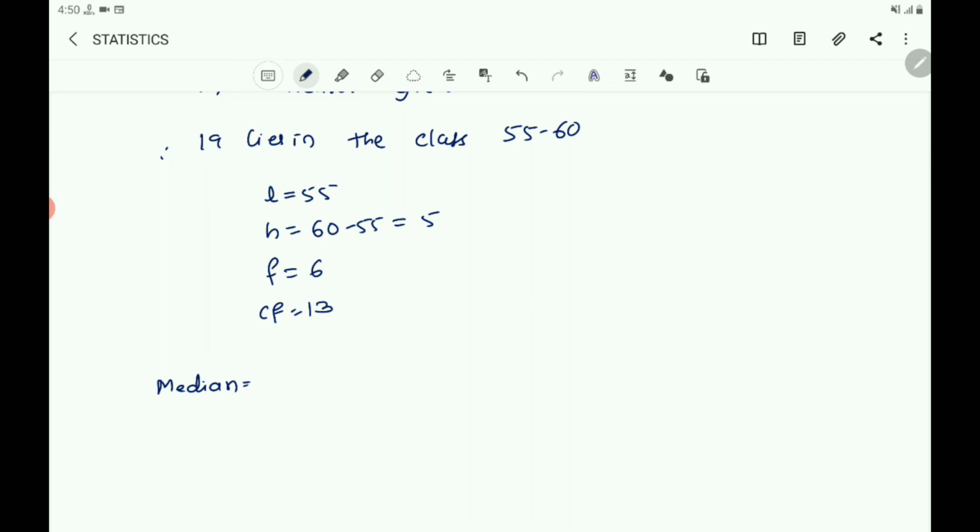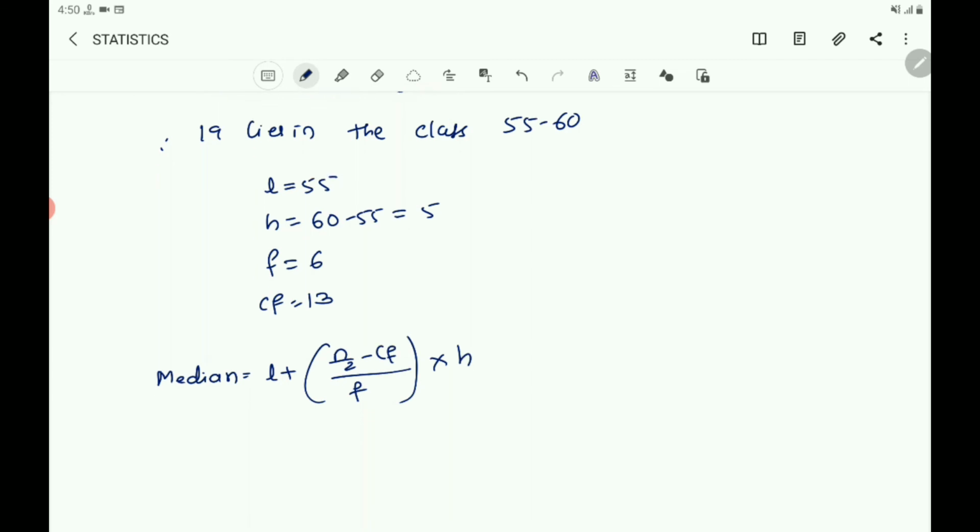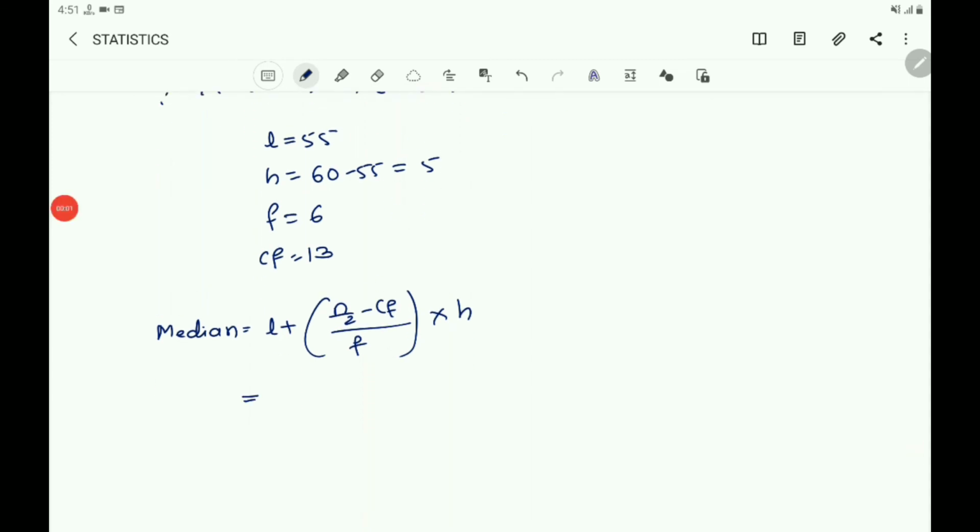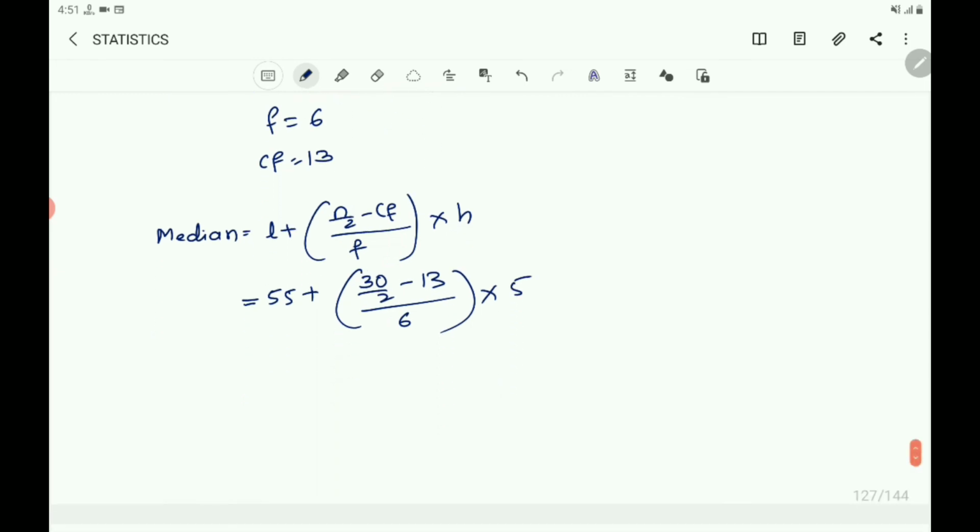Median equals L plus (n by 2 minus CF) by f into h, that equals 55 plus n is 30, 30 by 2 minus CF is 13 by f is 6 into h is 5.